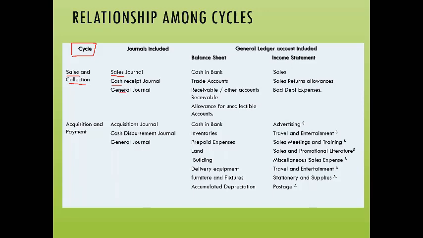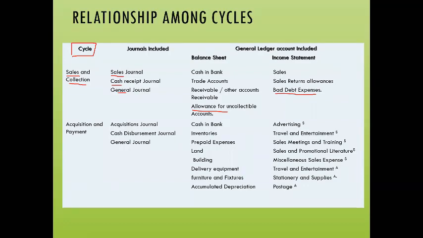But why the general journal? Because maybe you would like to record the bad debt expense and the allowance for uncollectible accounts, which is considered an adjusting entry. So you will need the general journal because part of the transactions must be recorded there.